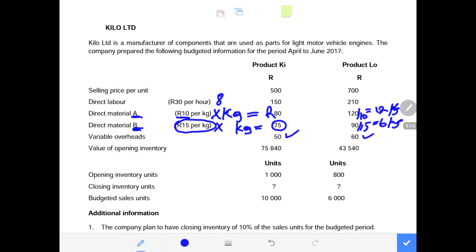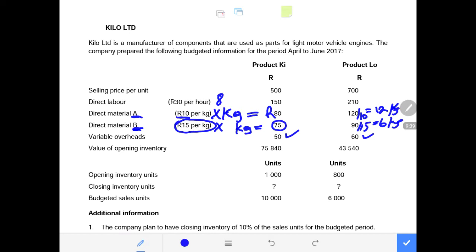And because that is not mentioned, I don't want to assume that our overheads are absorbed based on direct labor hours. Then I'll leave it like that. But if they were, then we'd be using the number of labor hours, which we know was 5 hours there. Then we'd use that to determine the rate of our overhead per labor hour.